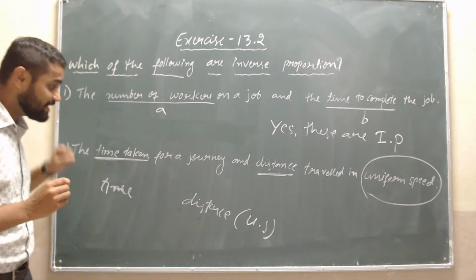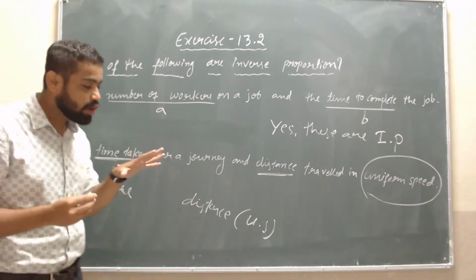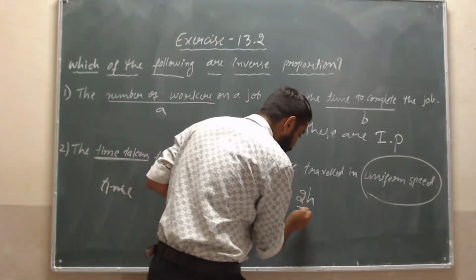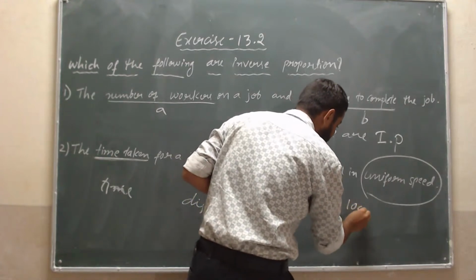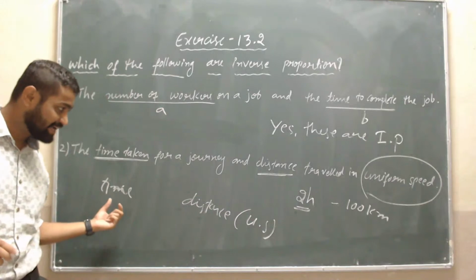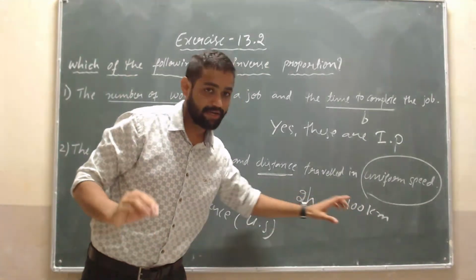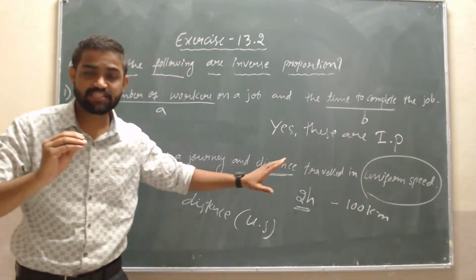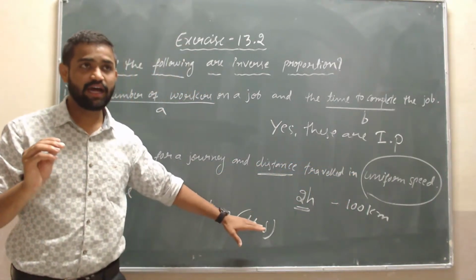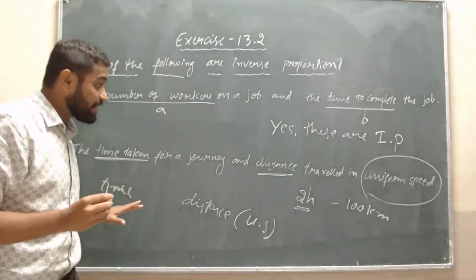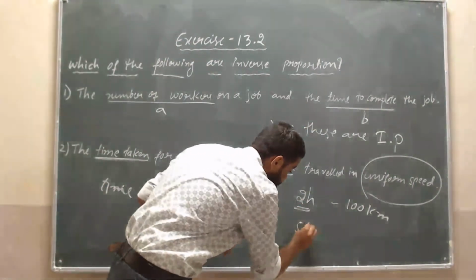Suppose I take 2 hours to go 100 km. So 2 hours is the time and the distance is 100 km, at a speed of 20 km per hour, whatever it is.